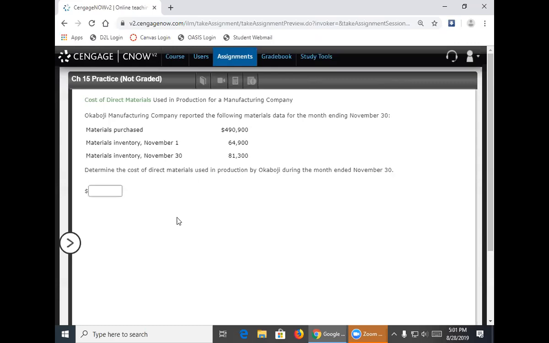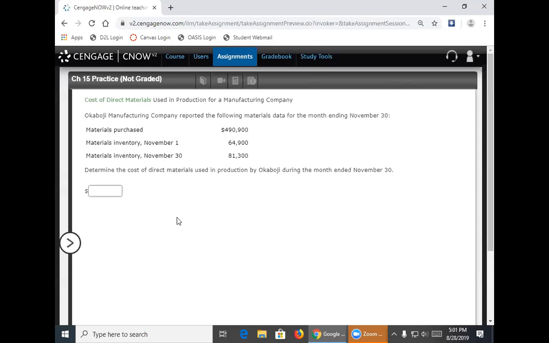So again, what you do is you take your beginning inventory plus your purchases. Okay. So what's that? 555,800. Perfect. So all total, we had 555,800 goods available, or materials available, and we're left with 81,300.